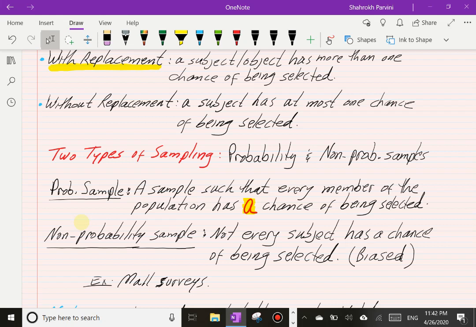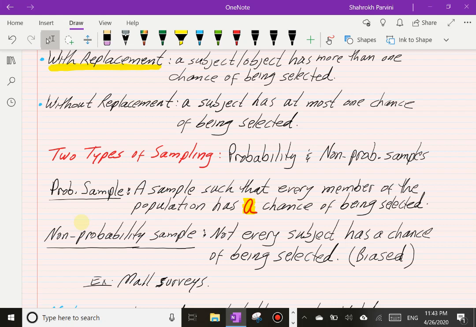In fact, let's say a survey is done in North County Mall. A lot of people that live in South County have no reason to go to North County, right? So they really don't have a chance of being selected. Now, it could be that the mall survey in North County could be a valid survey if it addresses the people that are in that locale within a certain radius, then that would be fine.